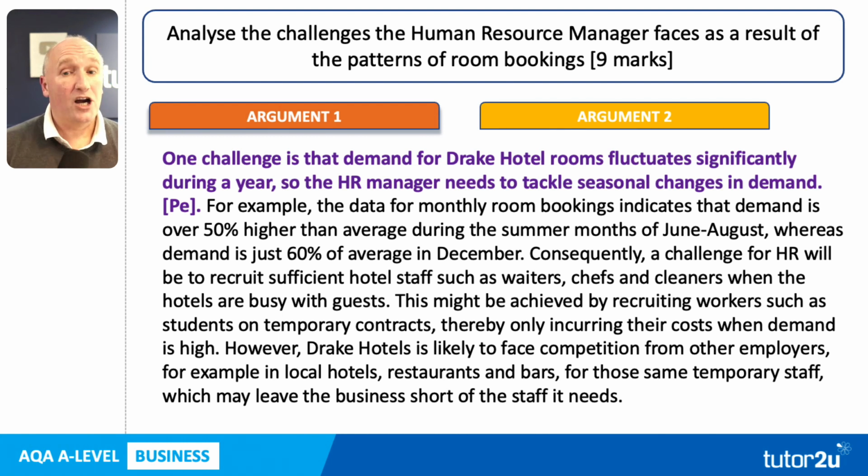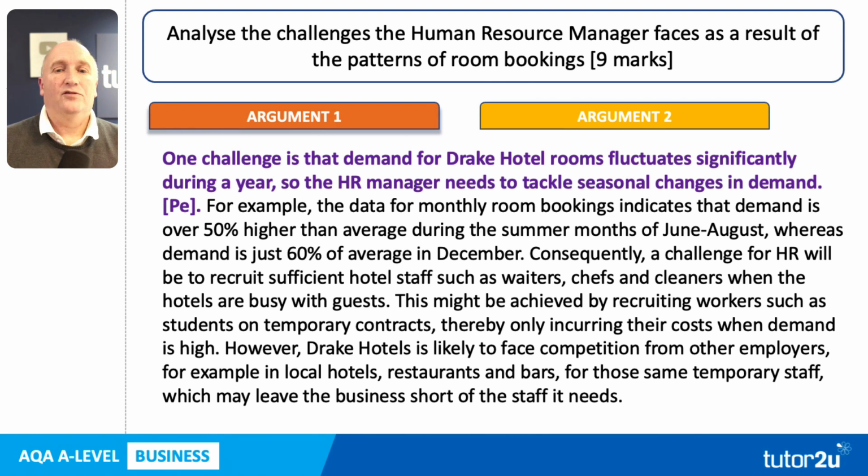Really quiet. Consequently, a challenge for HR will be to recruit sufficient hotel staff, such as waiters, chefs, and cleaners, when the hotels are busy with guests. This might be achieved by recruiting workers such as students on temporary contracts, thereby only incurring their costs when demand is high.